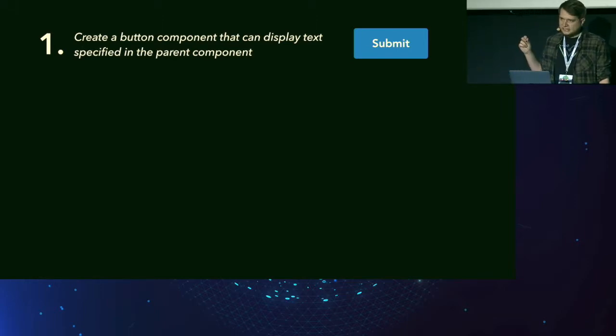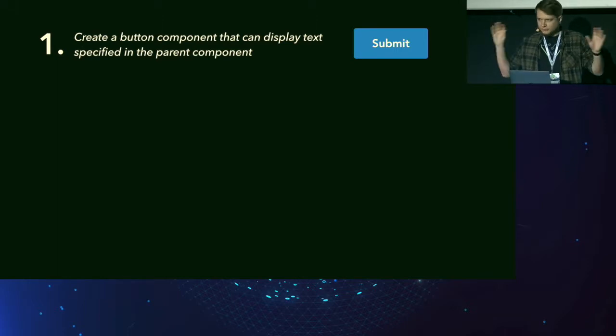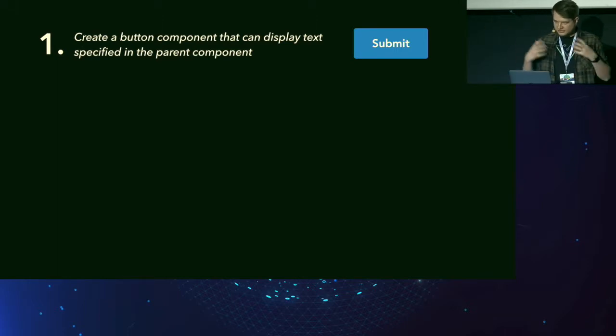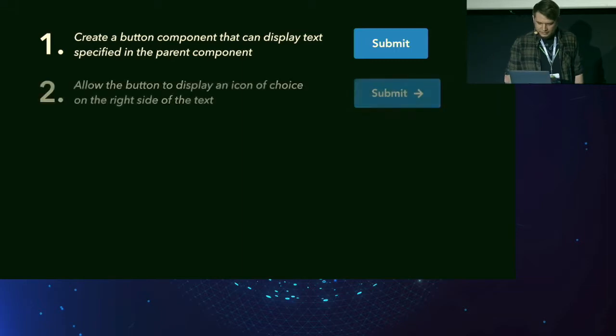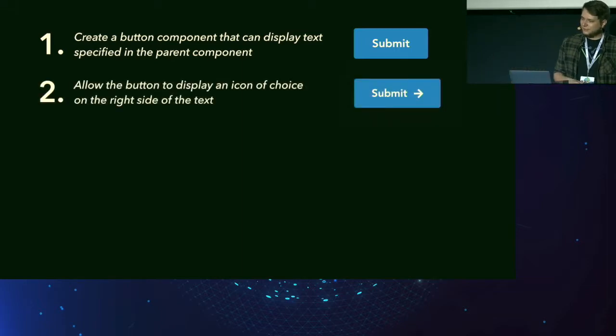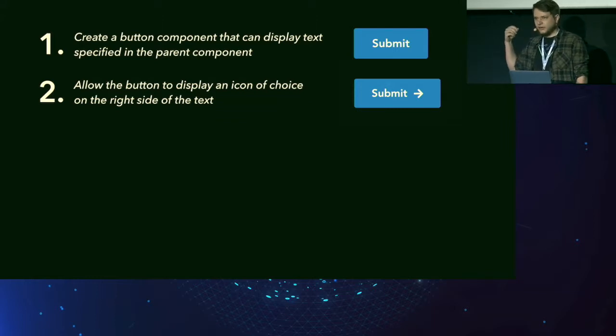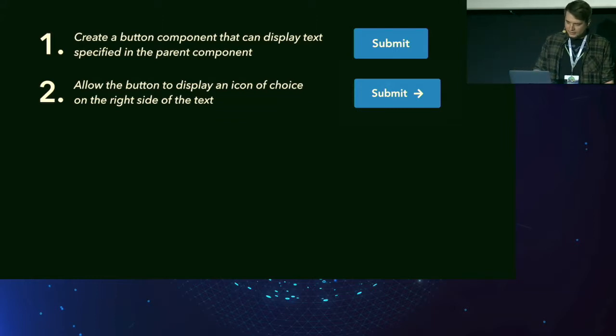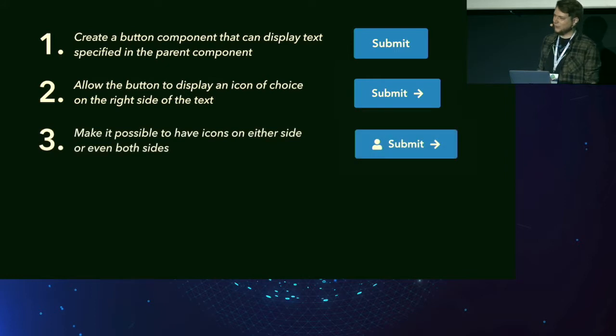So the task is: create a button component and make it so that the parent can specify what will be inside the component. Just imagine how you would design it, as in implement it. But then there is the second requirement, which is please have an arrow on the right side of the text. And then the next requirement: you can have an icon on the left side, on the right side, or on both sides, if this somehow makes sense.